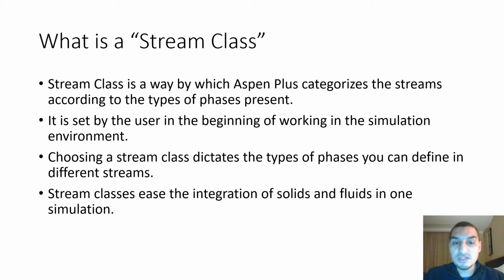So there is no option for you to go for the conventional inert or non-conventional solids, because the stream class that you chose does not let you do anything other than defining the substream of the mixed phase. So I can choose another stream class that can open these for me, and this is the point of having stream classes. The user can set the stream class in the beginning of the simulation environment, and it dictates the types of substreams you can define in different streams. And it lets the user integrate solids and fluids in one simulation.